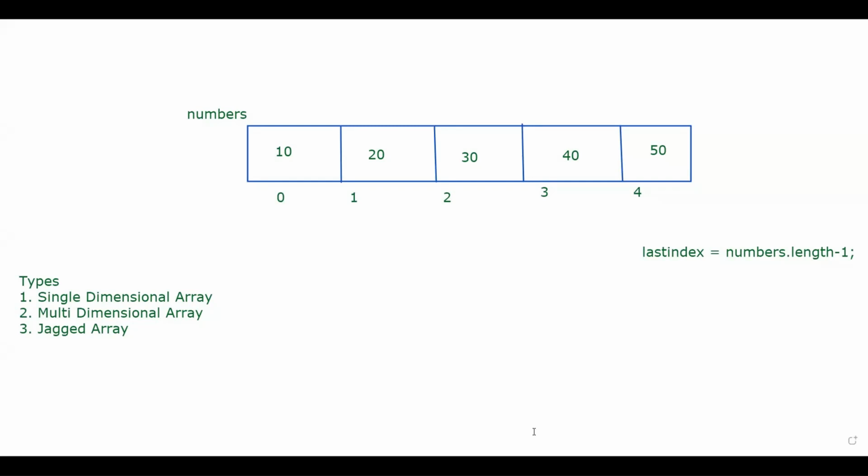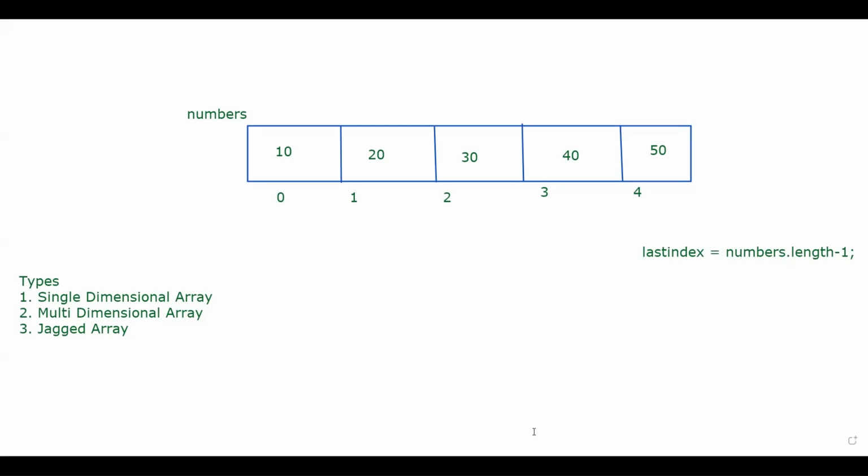So once we give like this, we can give array2 of 0 equals 30. Like this also, you can give the elements. Now, this is single dimension.